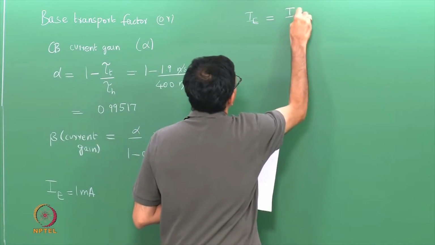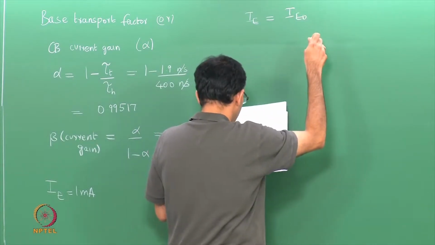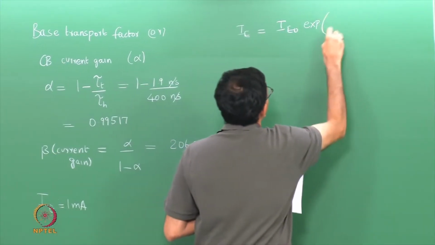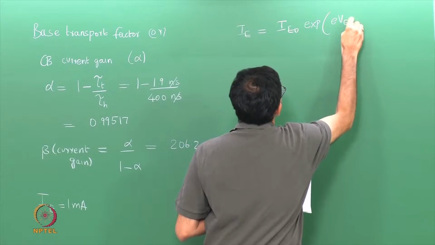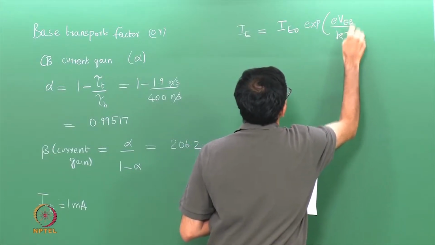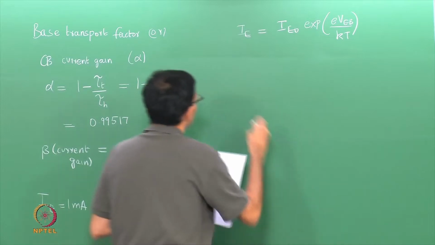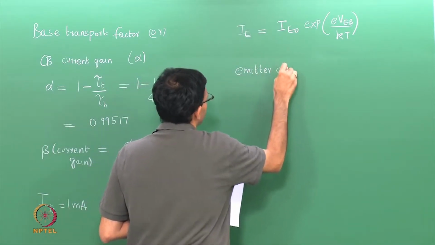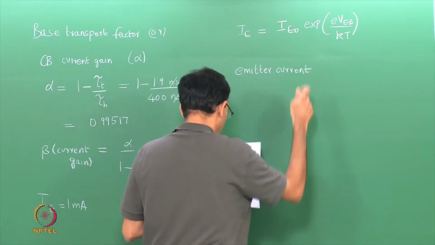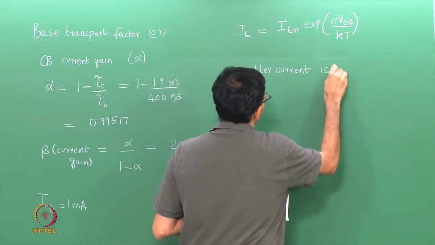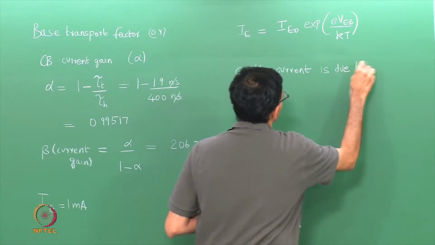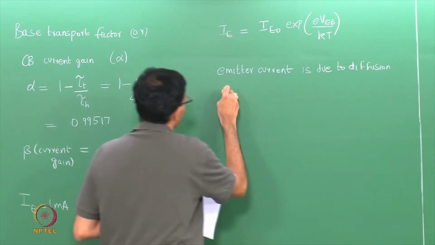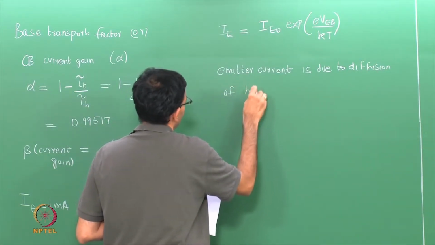So, IE is IE naught exponential eV over kT, so that your emitter current is due to diffusion of minority carriers. In this particular case, these are holes diffusing into the base.